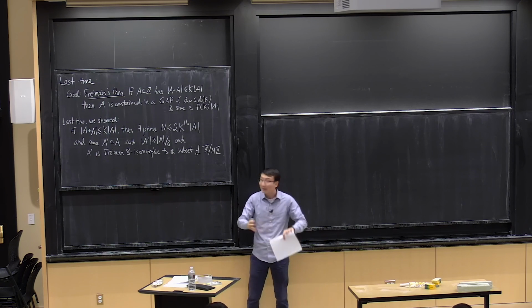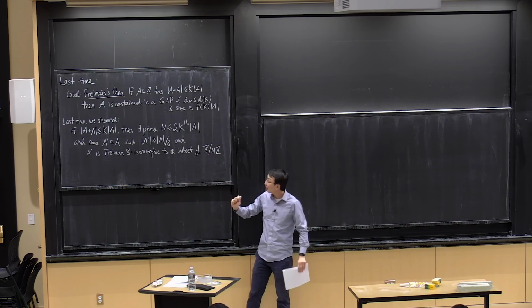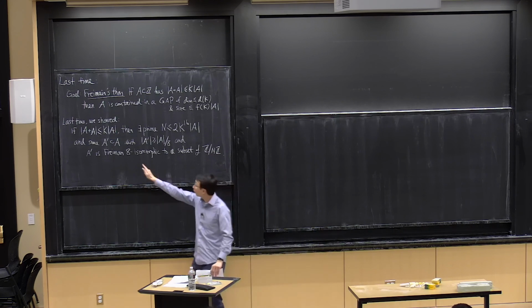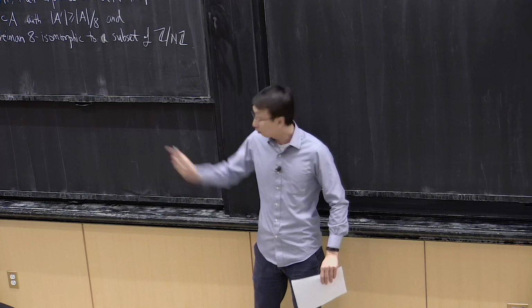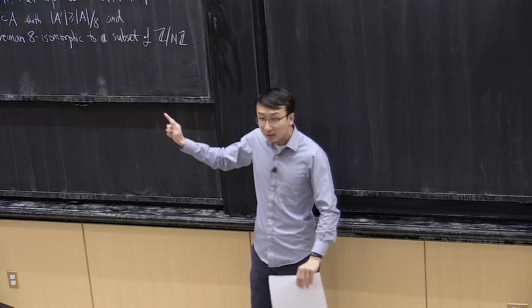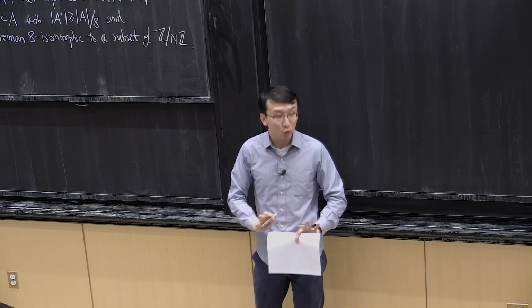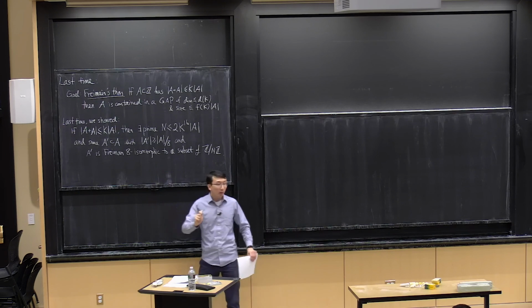It's a much tighter set that's a positive proportion subset of a small cyclic group. And remember, we defined this notion of Freiman 8-isomorphism. In this case, it just means that it preserves partial additive structure. It preserves additive structure when you look at at most 8-wise sums.